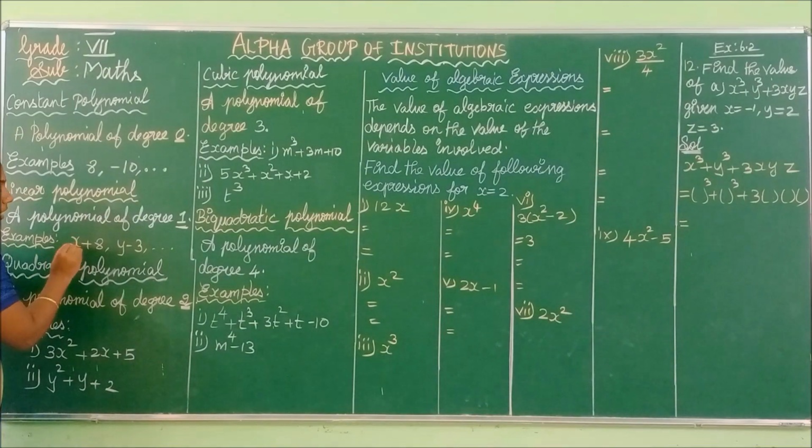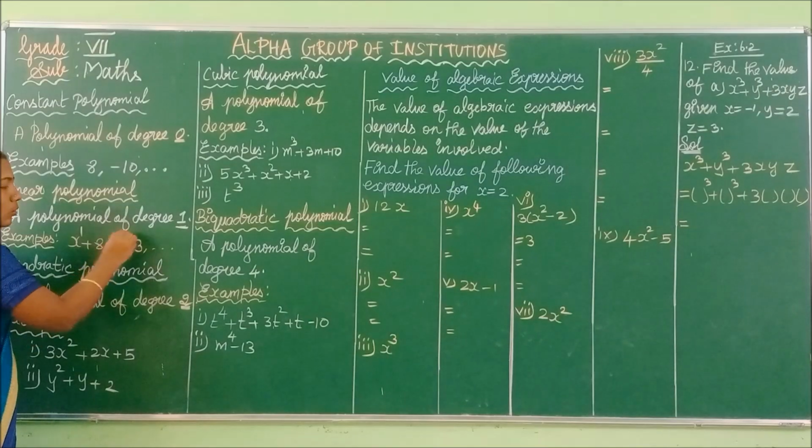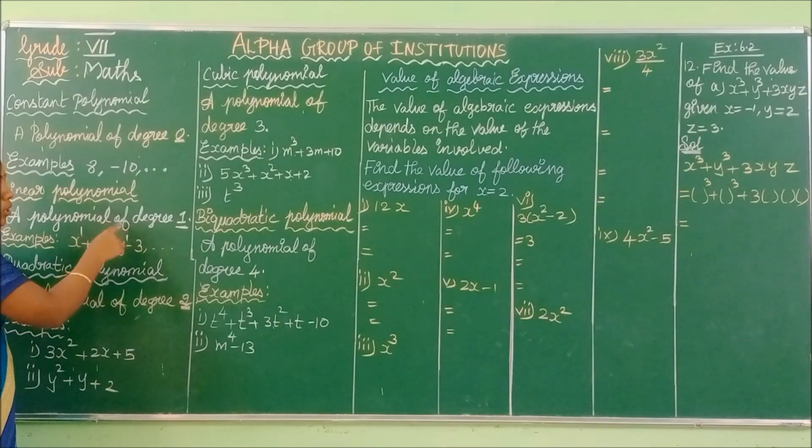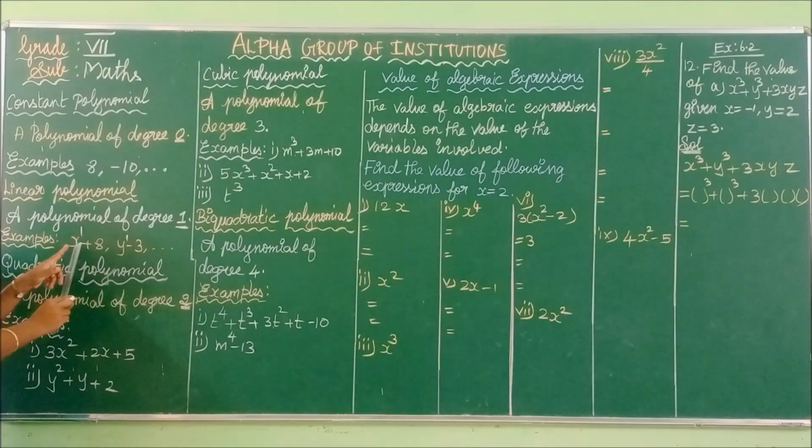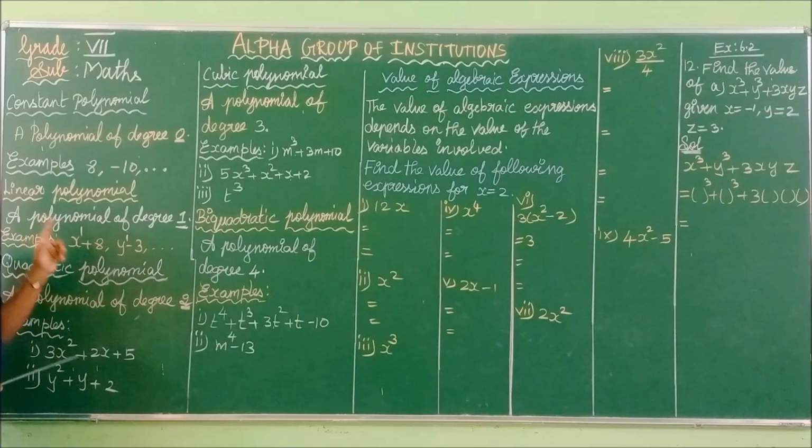Why? Because the degree of this x is 1. See here, the degree of the y is 1, that is the power of y is 1. So the degree of the entire polynomial is 1. So if the degree of the given polynomial is 1, we can call that polynomial a linear polynomial. I hope you understand. See here, once again I am explaining. x plus 8. What is the power of x? 1.